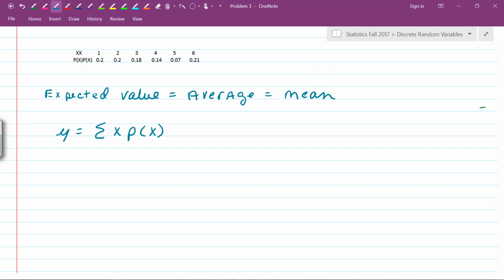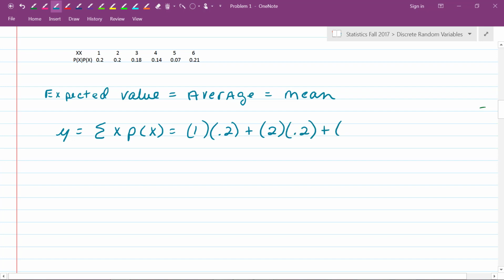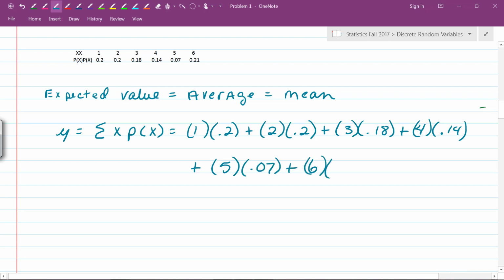So this is going to be equal to 1 times 0.2 plus 2 times 0.2 plus 3 times 0.18 plus 4 times 0.14 plus 5 times 0.07 plus 6 times 0.21. Okay? So let's go ahead and add in one more middle step to make sure everybody gets it.